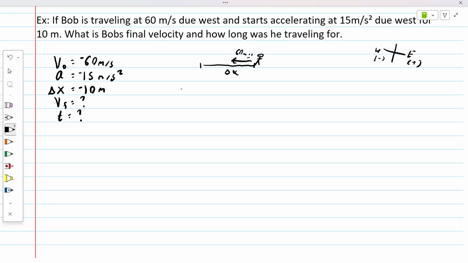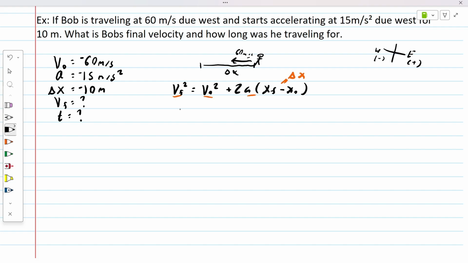We can write this out as velocity final squared equals velocity initial squared plus 2 acceleration times x final minus x initial. But we know that this is just equal to the change in x, right? So we already have this variable, and we have all these other variables, so we just need to solve for this velocity final right there.